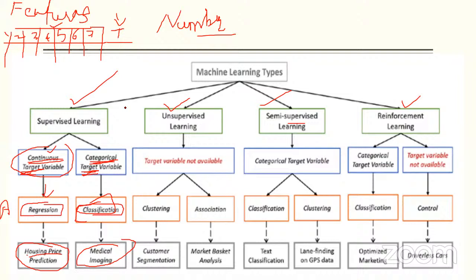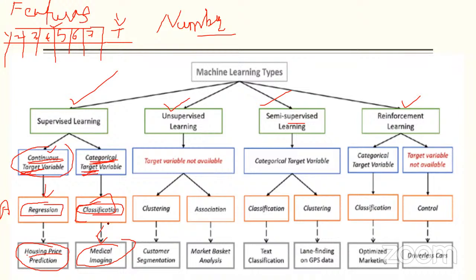Unsupervised learning, as we had discussed before, means you don't have the output. Okay, I'll tell you, I didn't talk about the example here, medical imaging. Let's say you have X-ray reports.